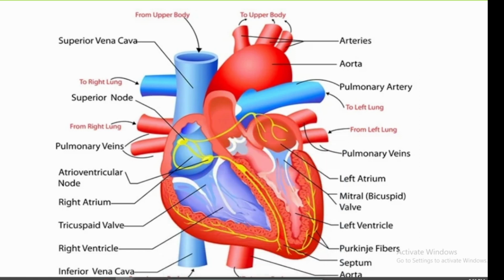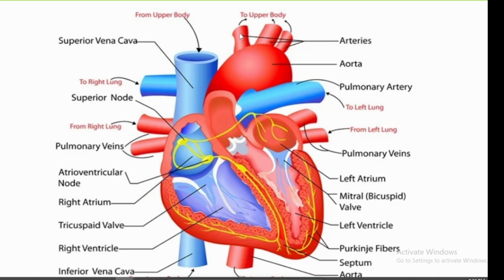Sorry about that, guys. Okay, right. So I was saying that on contraction of the left ventricle, this oxygenated blood passes through the aortic semilunar valve into the aorta. So you can see the aorta here.